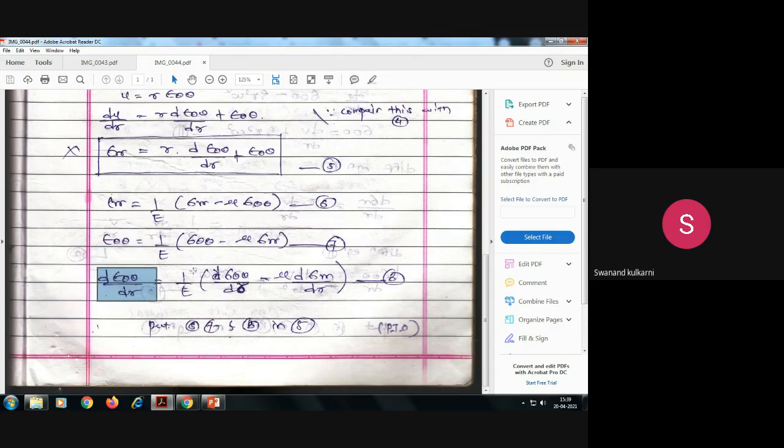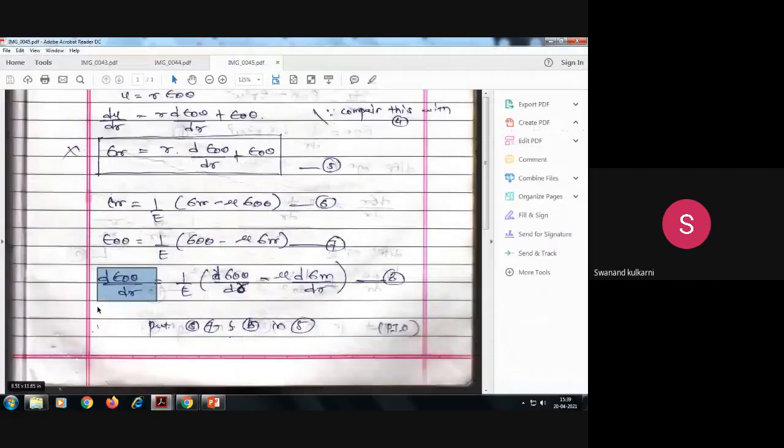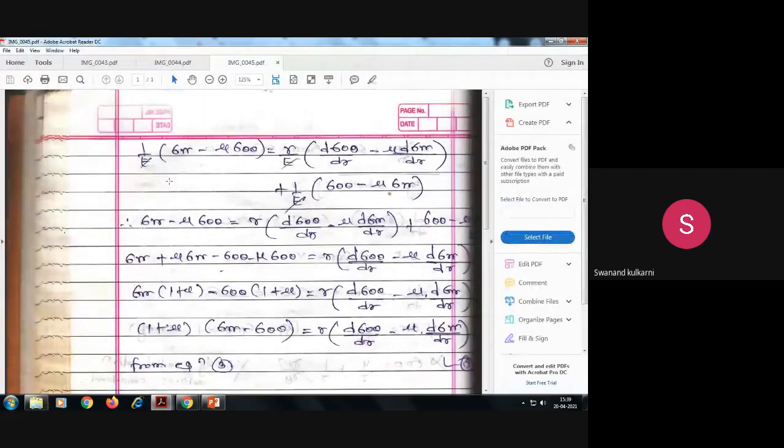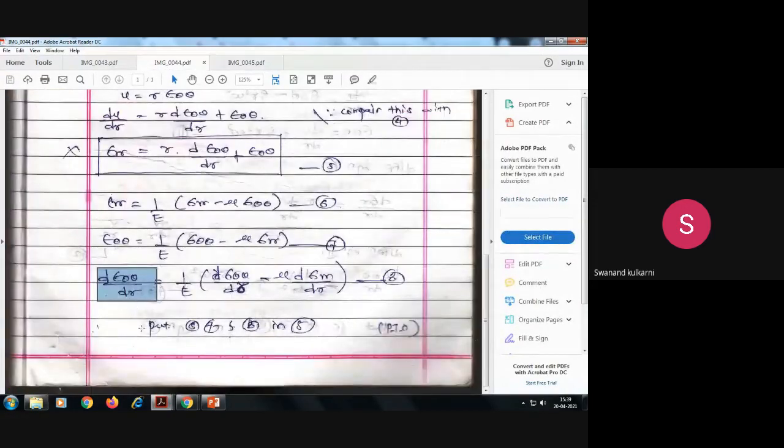We will come to know how, after differentiation, this equation is present here. With this equation now we will continue. So here you can see in this last equation we got the differentiation of epsilon theta theta with respect to r, and we got this particular equation.